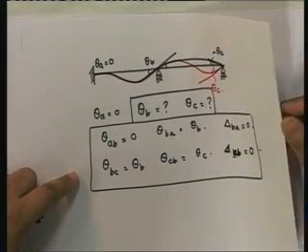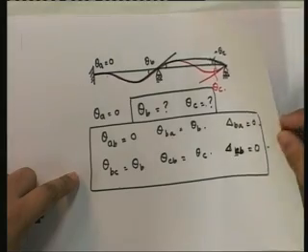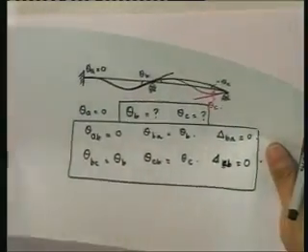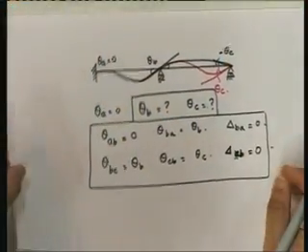So now let's look at how to solve the problem. Now again, the whole point here is that once we've written these compatibility equations, we write the slope deflection equations for each member.